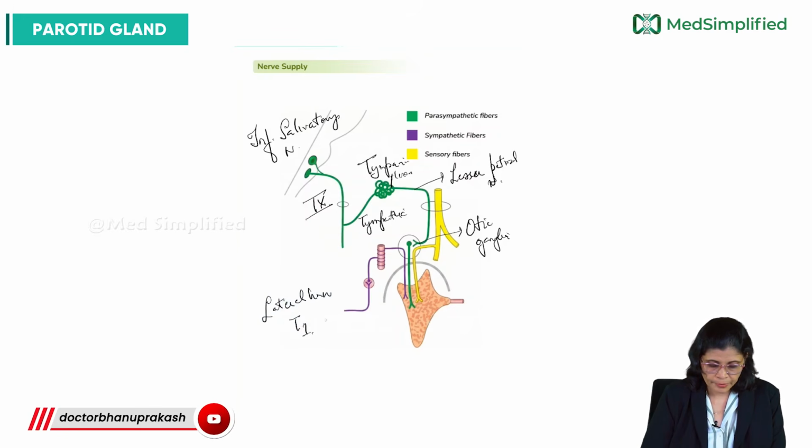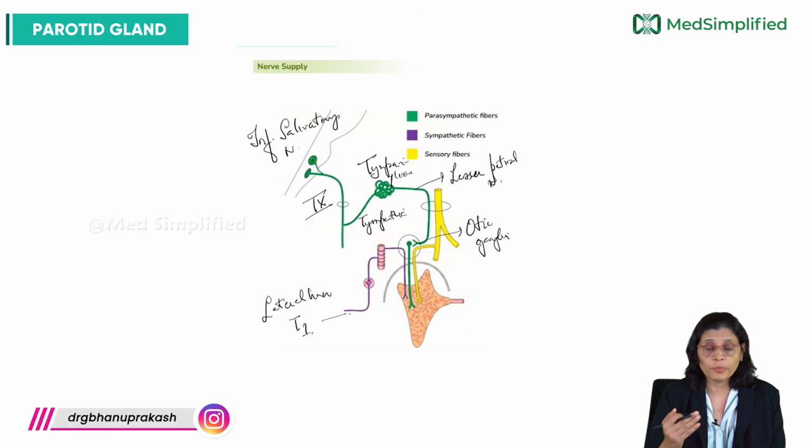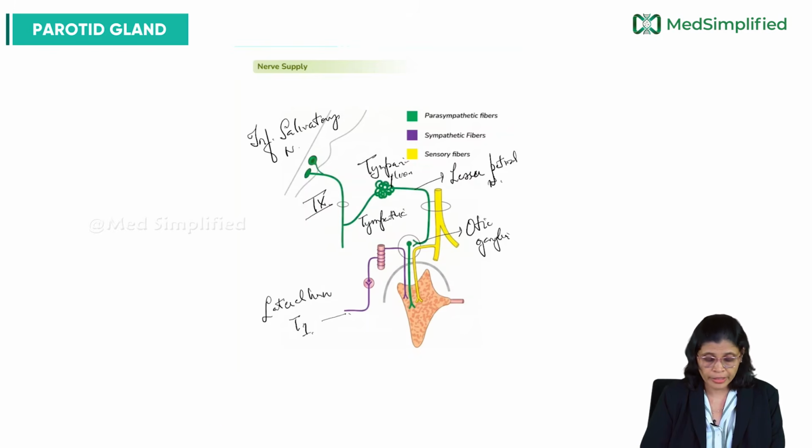They come to the superior cervical ganglion, and from there the postganglionic fibers form a sympathetic plexus around the external carotid artery. They pass through the otic ganglion without any relay because they are already postganglionic fibers, and they supply the vessels there. So it is vasomotor mainly to the gland.